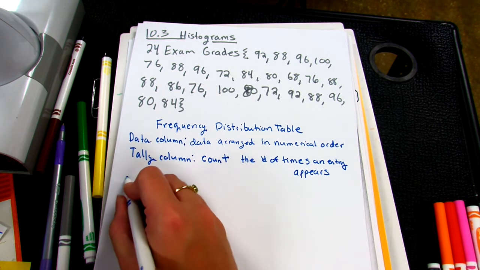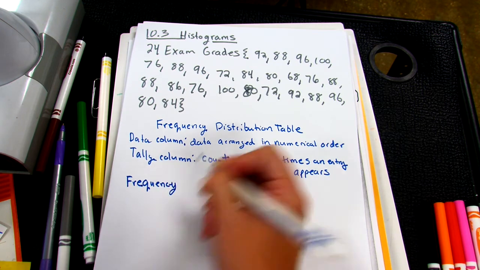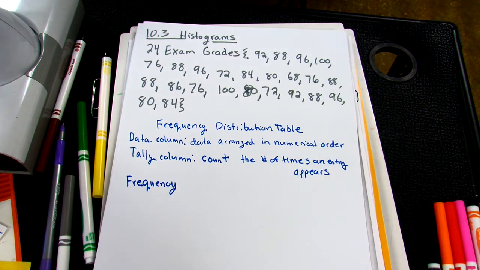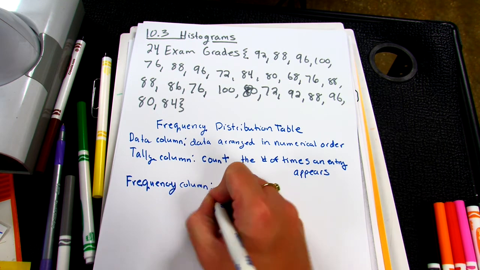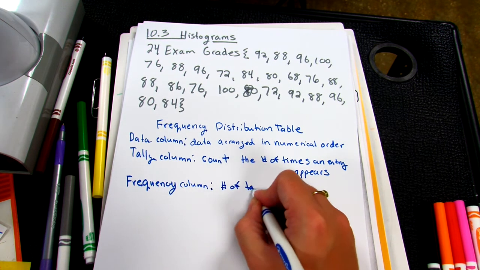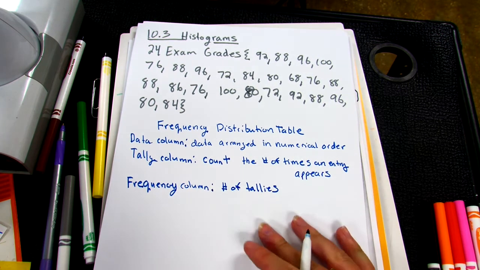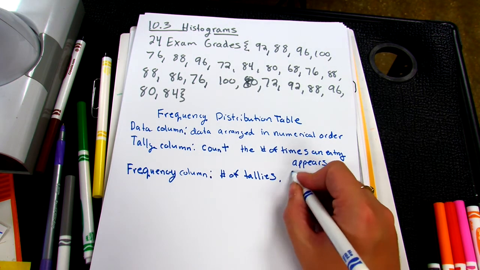So the frequency column, you add up all the tallies and you put the number, the frequency of that entry. So the frequency column represents the number of tallies. So at the bottom of the frequency column is the total number of data. Okay. So this is important to know.